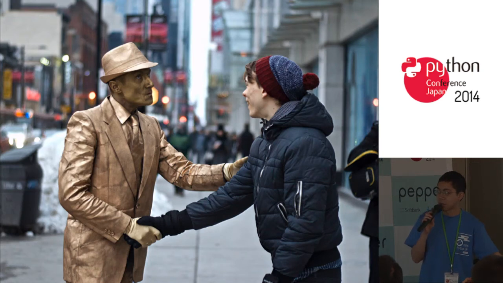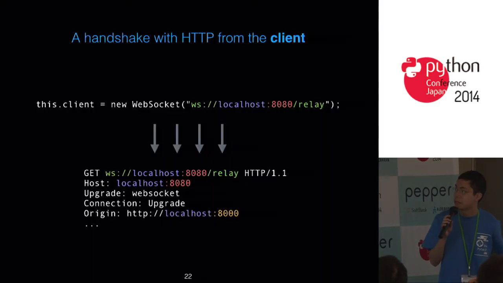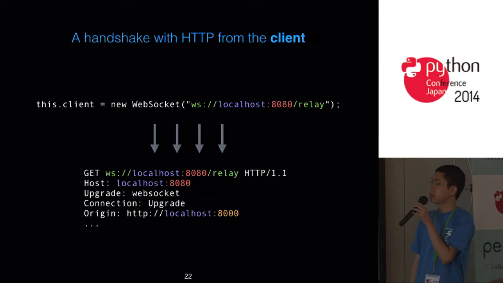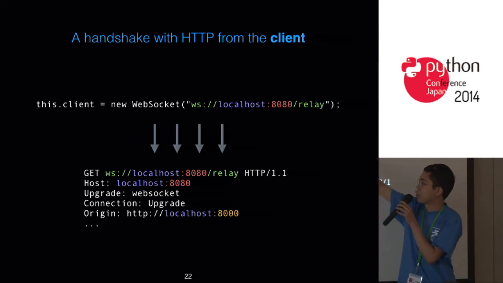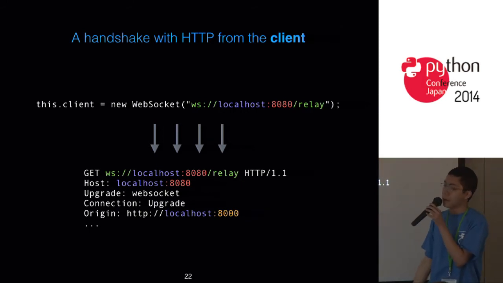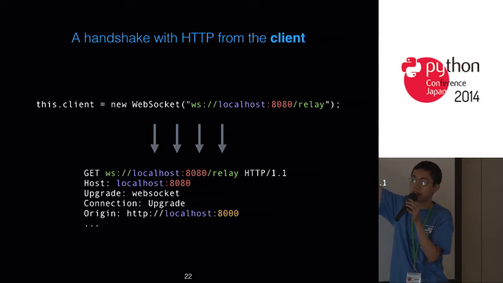That's how it looks in most people's minds, but in reality, this is what happens. In pure JavaScript, you have a WebSocket here, and you actually specify the URL. By the way, if you read the book and it keeps mentioning HTTP, just forget about it.